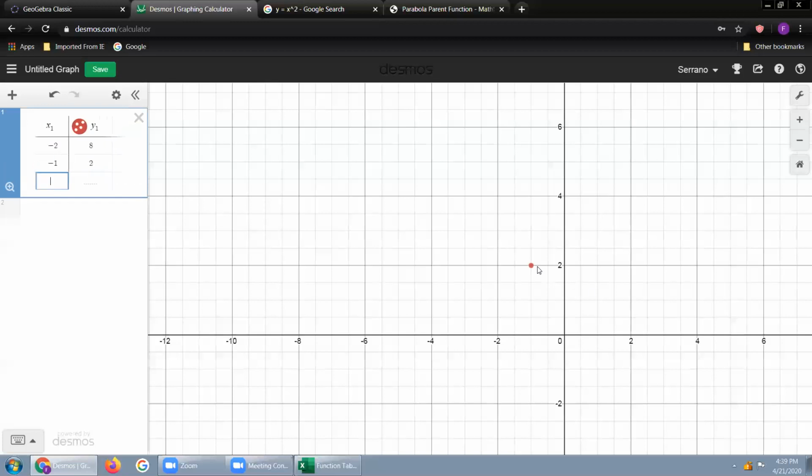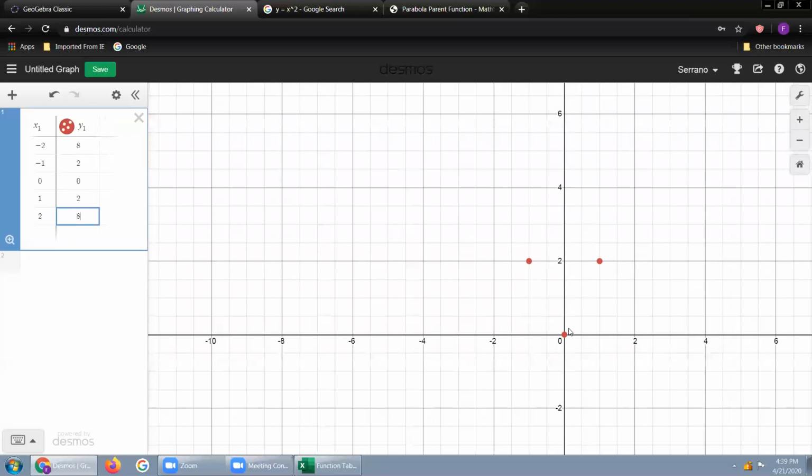We see the point right there. 0 gives us 0. 1 gives us 2, when we multiply it times 2 times x to the second power. And 2 will give us back 8. So we can see the points.